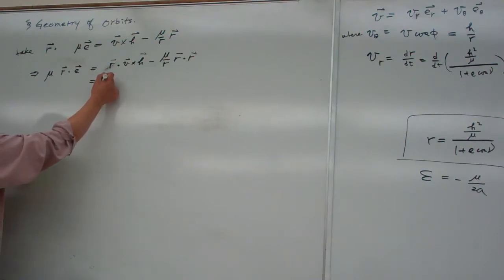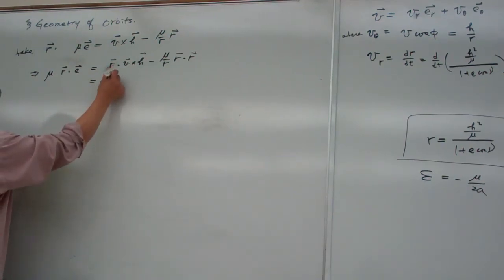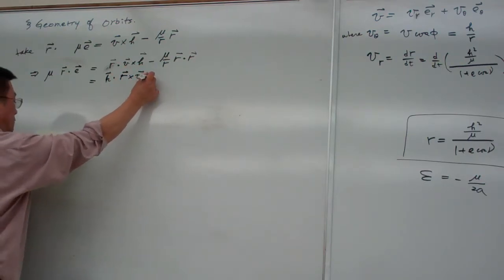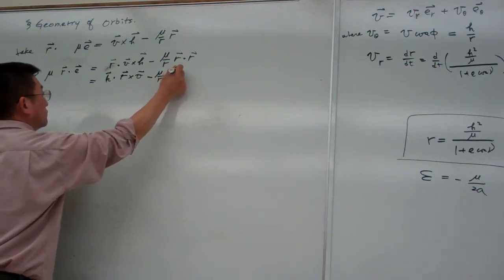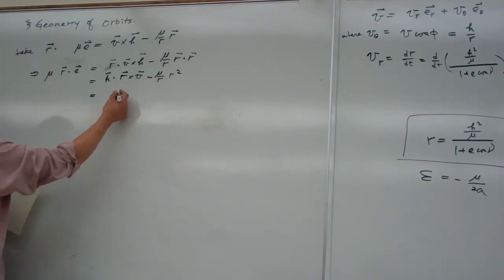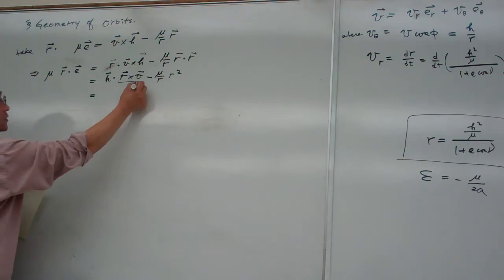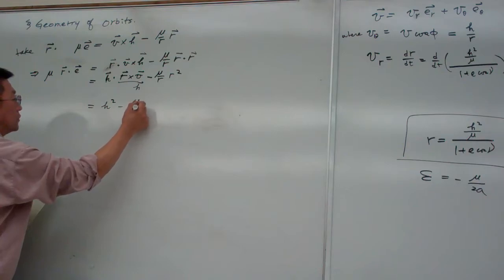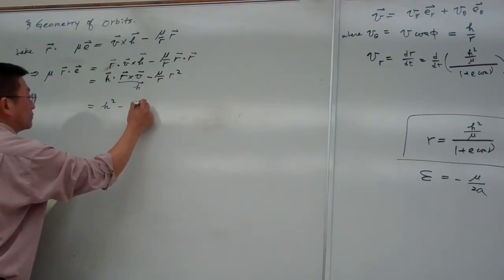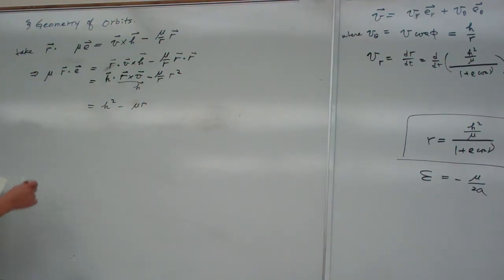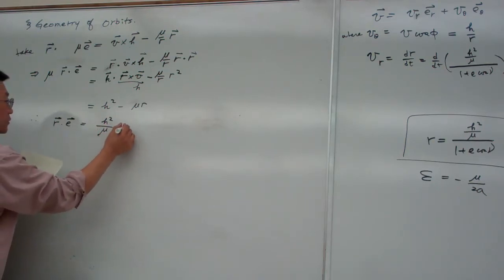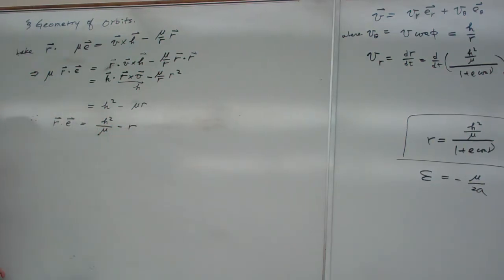And this one we can rearrange, and that is h dot r cross v. And because remember this is actually h, this one is h squared minus mu over r. So therefore r dot e is equal to h squared over mu minus r.